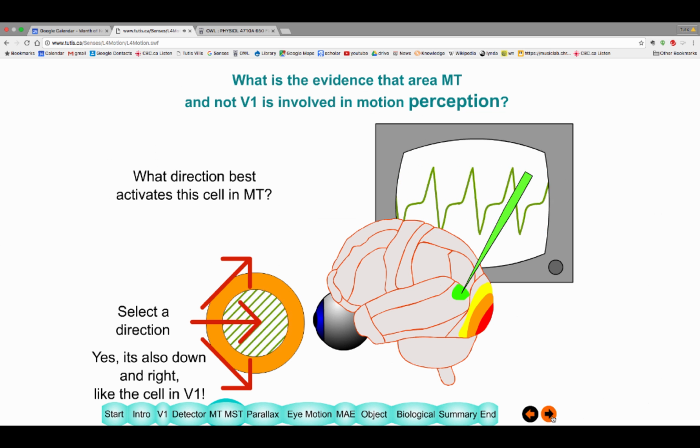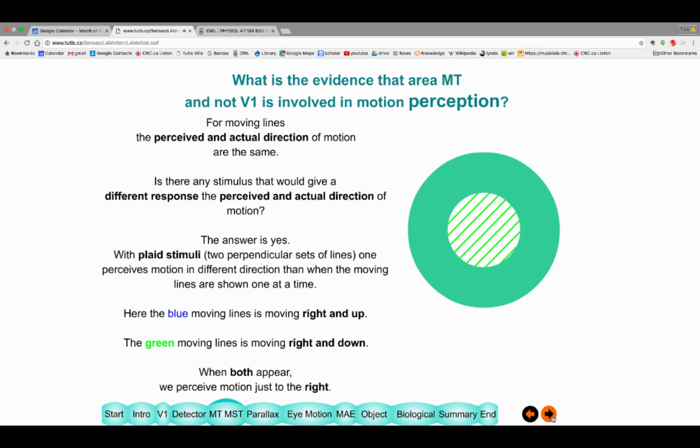So you can see that using that stimulus, we couldn't tell whether, in both cases you perceive motion, but it's the same motion activated both V1 and MT. So it's not a good thing to use if you want to tell which it is.